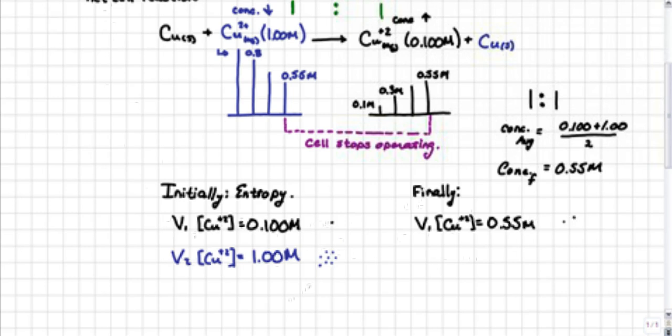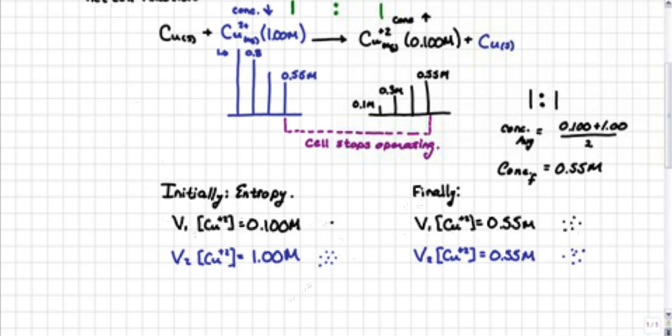And with dots, we can say that we have a few more dots than we had to begin with. On the other hand, the reactant concentration, which was originally in volume V2, its copper ion concentration has dropped to 0.55 molar, at which point the concentration cell stops operating.